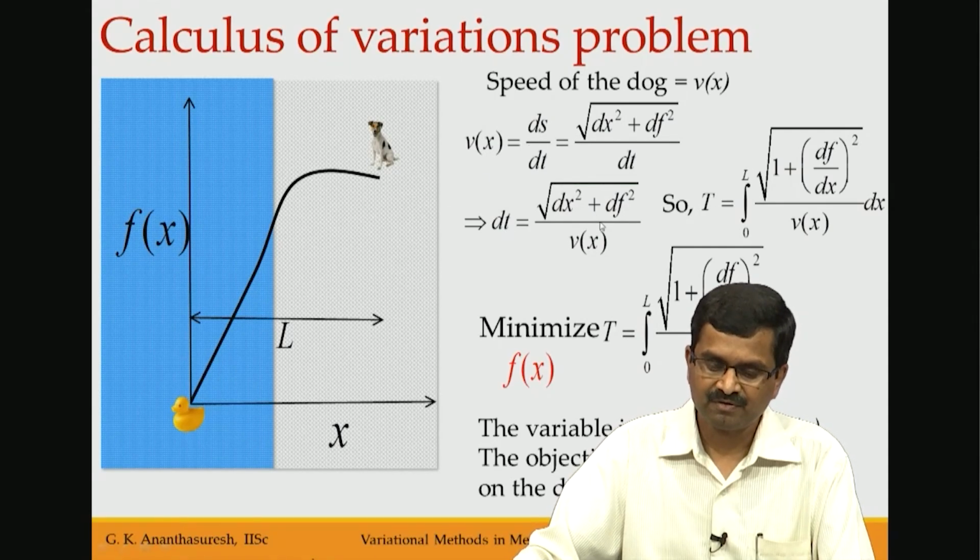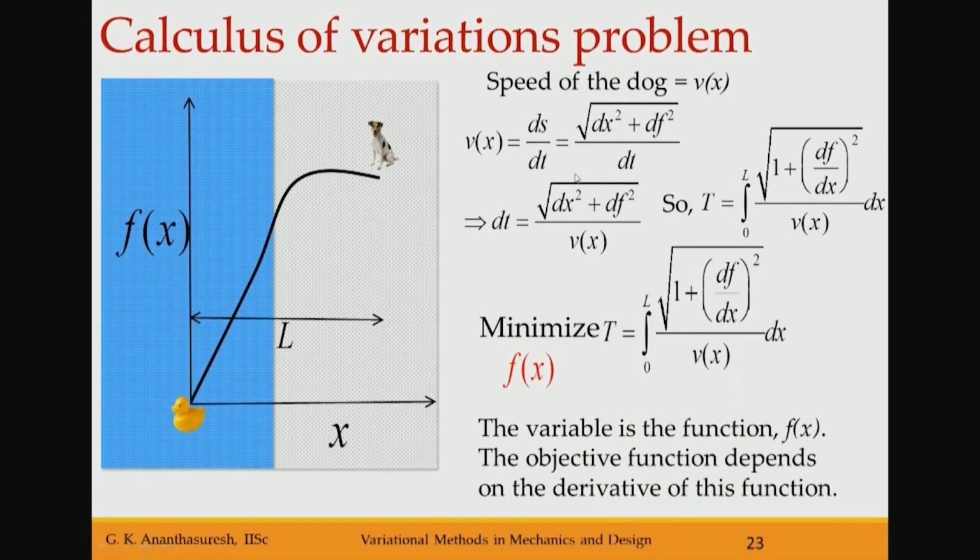We have the ds divided by the speed, and that equation gives us dt. This is the distance ds divided by the speed gives me the time dt. I want the total time for the dog to go from here to there, then I integrate.